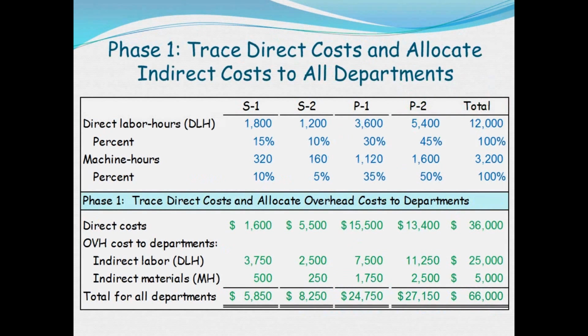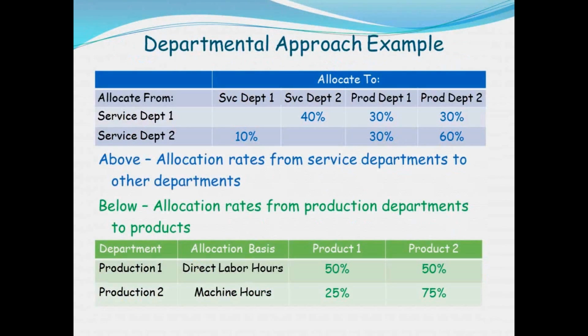So if you go back here, you see that service department 1 goes 40%, 30%, and 30%. If you forget about this 40%, it's just allocating half to Department 1 and half to Department 2, because you're just ignoring that. So you could think of this as 50-50. It's going half to each department.